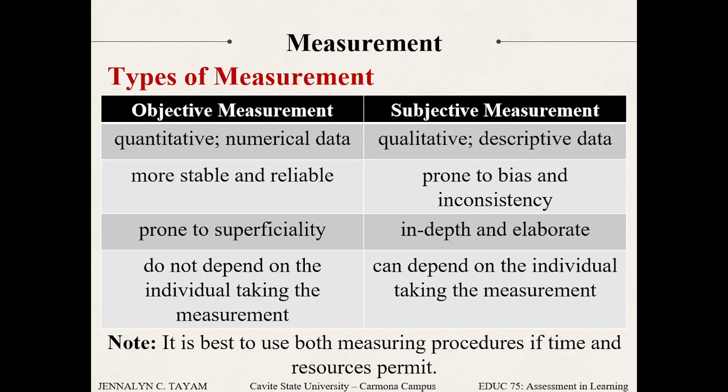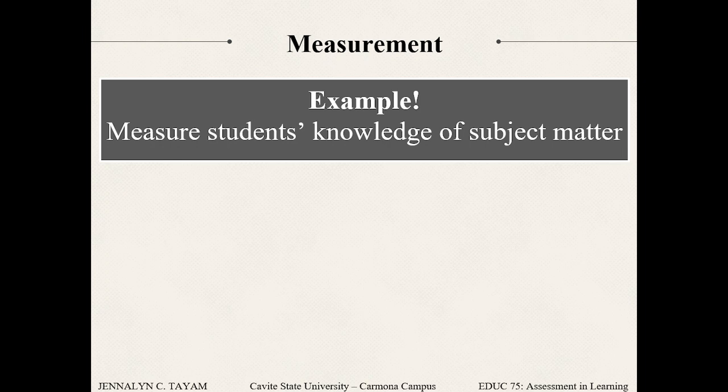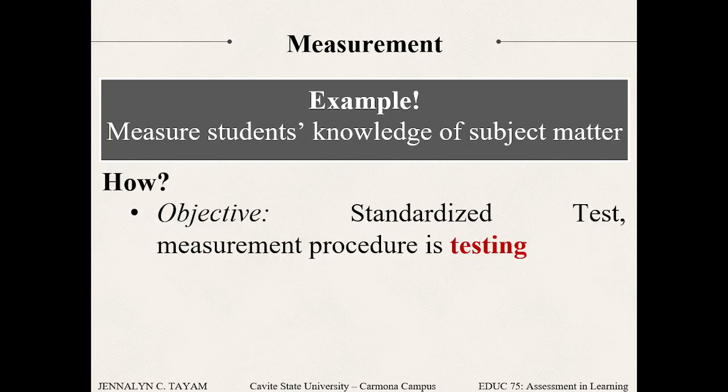This table is very theoretical and abstract in a sense, so let us see an example of each type of measurement. I have here a specific example. If the goal is to measure students' knowledge of the subject matter, we can do this objectively through standardized tests, in which the measurement procedure is testing.